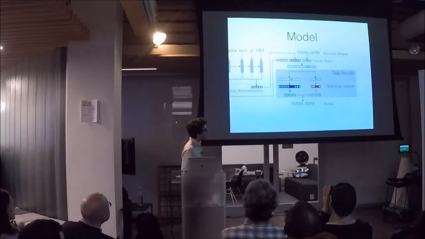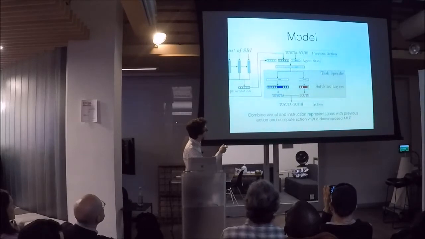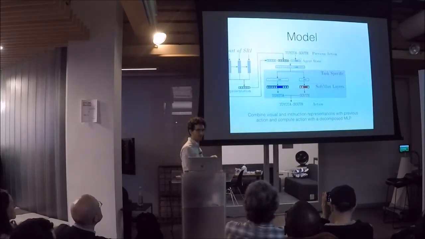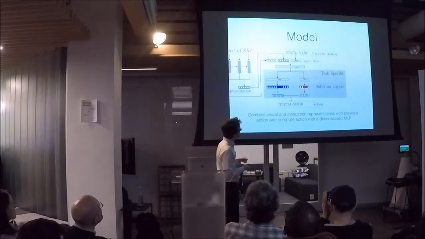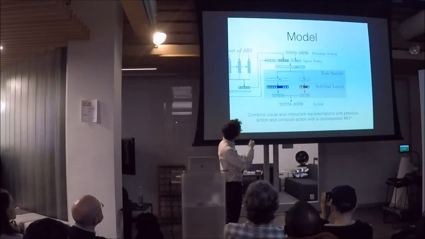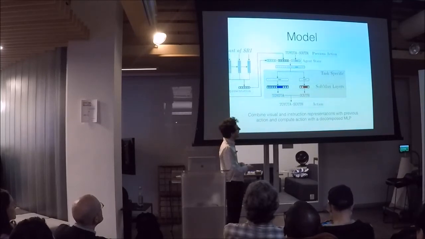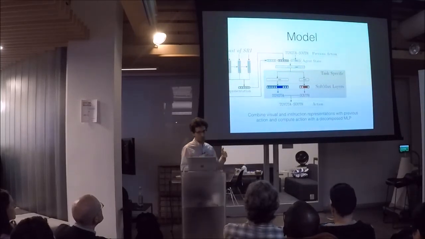We then concatenate these two vectors together and add an embedding of the previous action the agent performed. So again, we want to give the agent some idea of what it has done before. We take this representation of the state of the agent right now, and we put it through a multi-layer perceptron that is decomposed according to the action space. So what do we need to decide here?